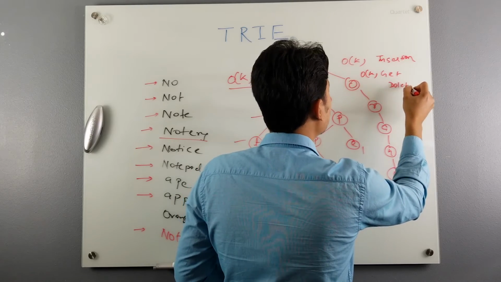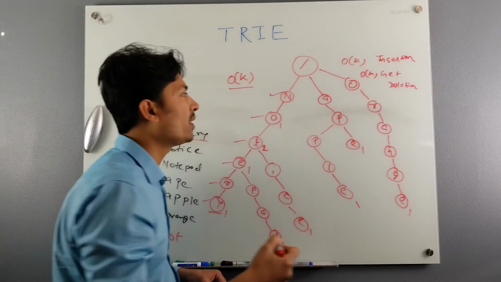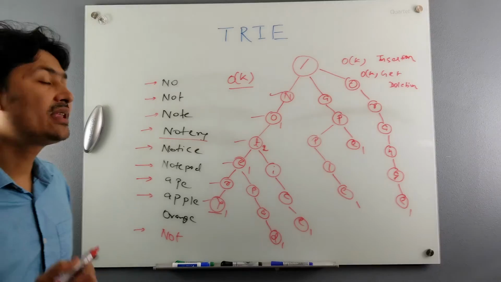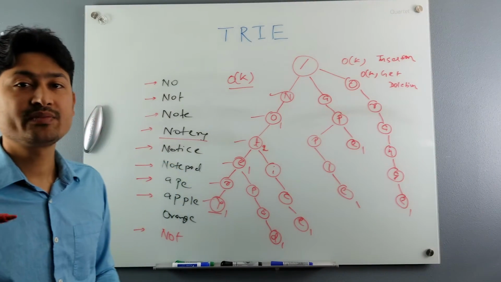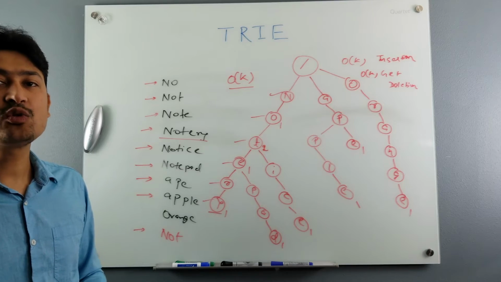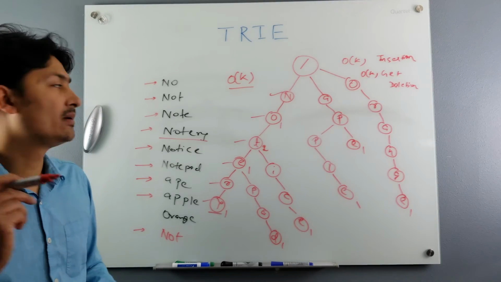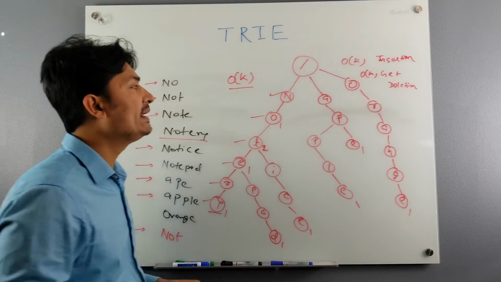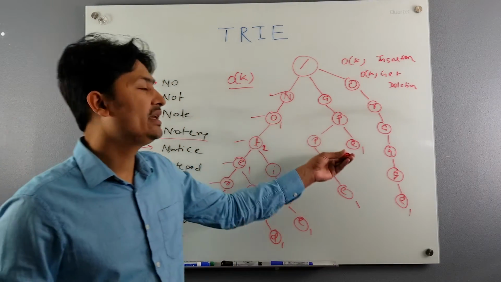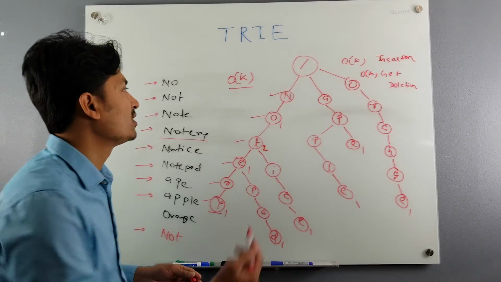For deletion, what if you need to delete a word from the trie? That requires an additional attribute at a node, which is that every child also needs to point to its parent node. So suppose you ask me to delete the word APE from the trie.